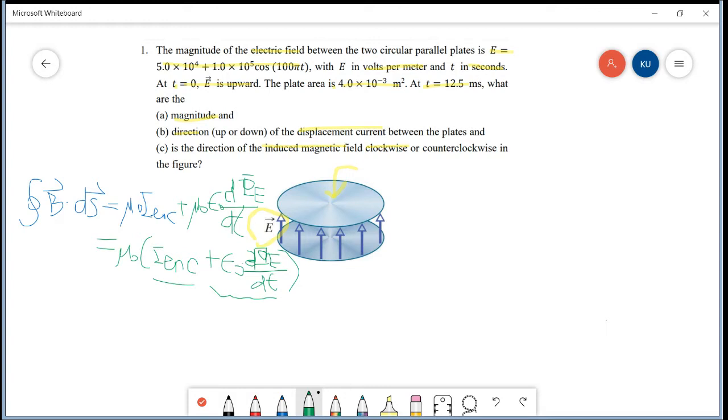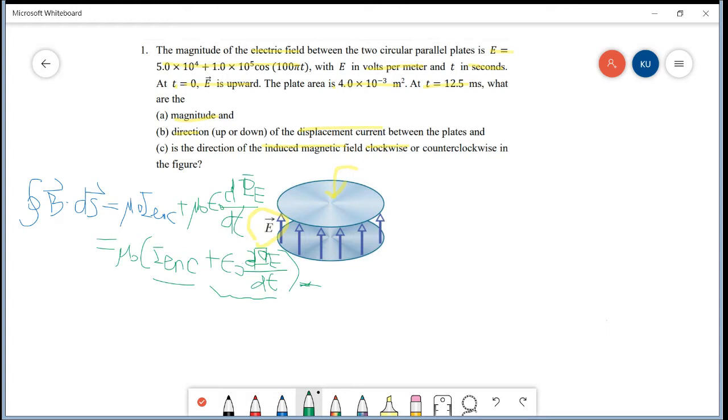It is not a normal current in the common sense, but it is something like a current going through a capacitor. In the lecture slides, I already told you that assuming a parallel plate capacitor, this term is something like C dV dt.